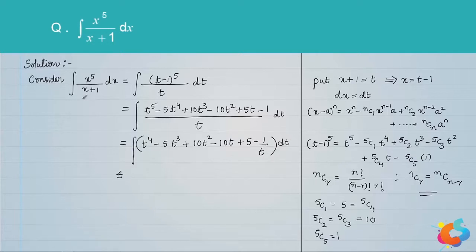So this is equal to integration of t power 4, which is t power 5 by 5, minus 5 times integration of t cube, which is t power 4 by 4, plus 10 times integration of t square, which is t cube by 3, minus 10 times integration of t, which is t square by 2, plus integration of the constant, which is 5 into t, minus integration of 1 by t, which is log t, followed by the constant c.